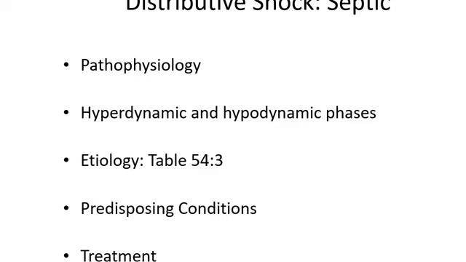So you've got a lot of types of things that can lead that patient to go into septic shock. And once we identify that the patient is in septic shock, we need to identify the causative organism so that we can give an organism-specific antibiotic to treat it.